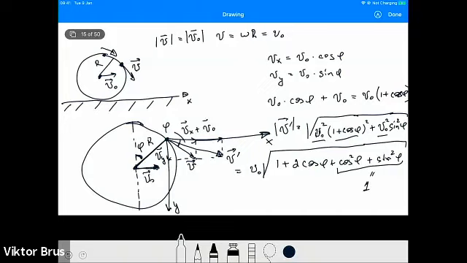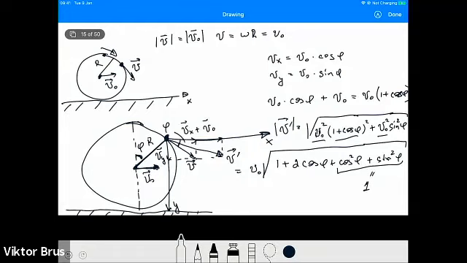Okay, so here's the question, what is V prime? So V prime is the total velocity of this considered point on the wheel with respect to ground.